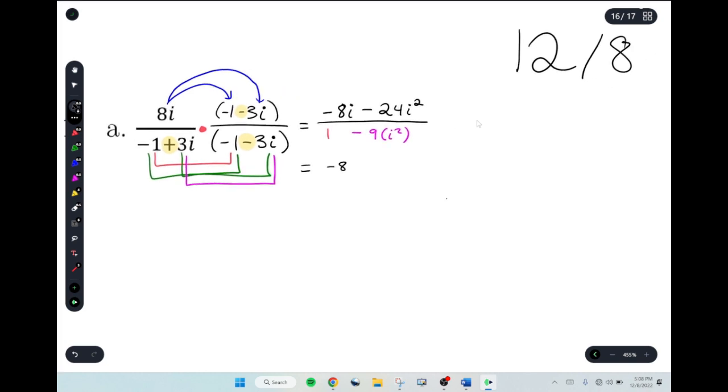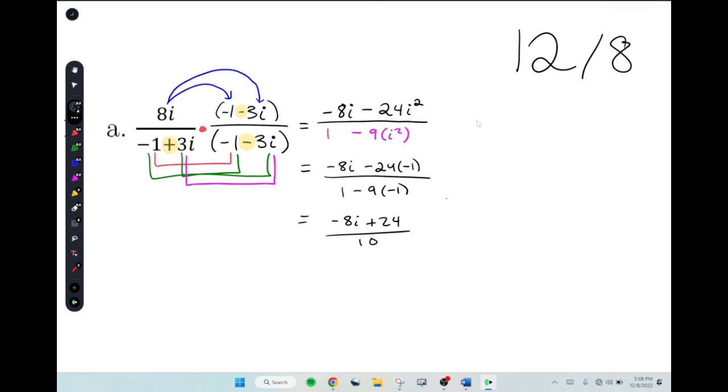So you have negative 8i minus 24 times negative 1 over 1 minus 9 times negative 1, which is negative 8i plus 24 over 10, which I think is going to be reduced on the multiple choices.